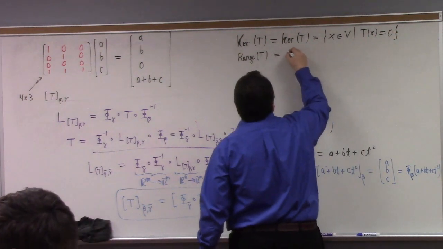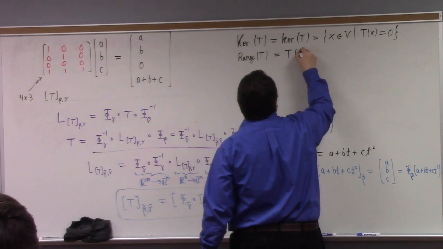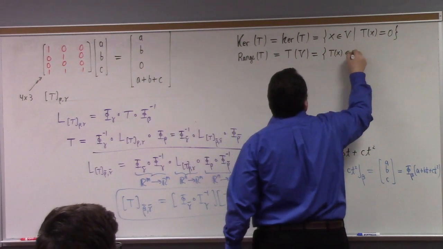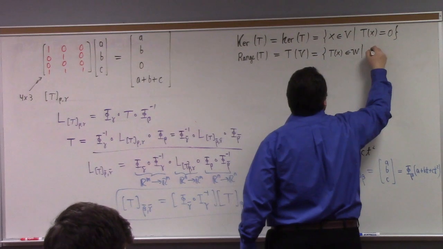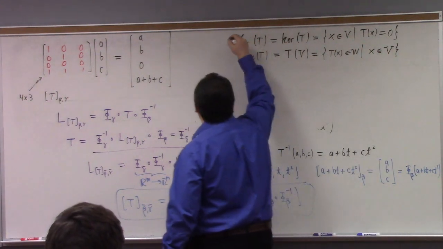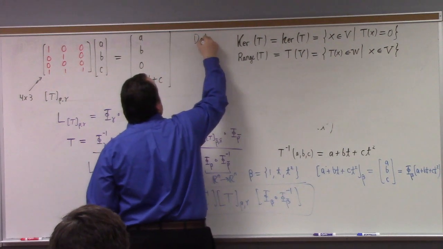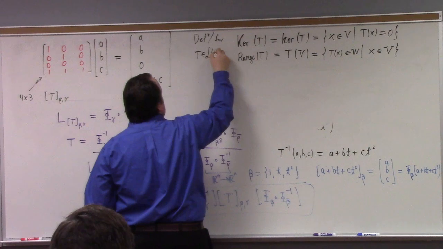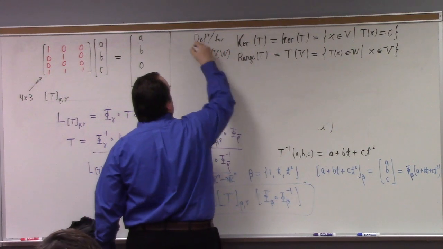And the range of T is defined to be T of V, that is, T of x in W such that x is an element of V. And both of these I'm defining for T a linear transformation from V to W.